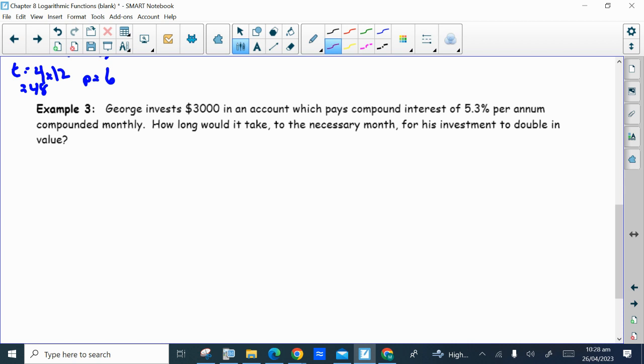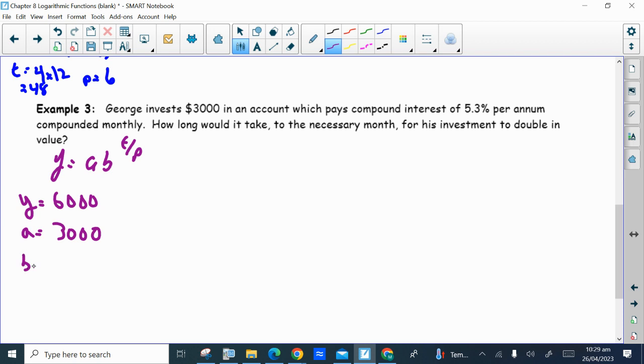Again, we'll start with our equation, y equals A times B to the T over P. Remember, y is the final amount. Well, if we want our investment to double, and we're starting with $3,000, the amount at the end has to be double that, which will be $6,000. Amount at the beginning is 3,000, the amount at the end would be 6,000.